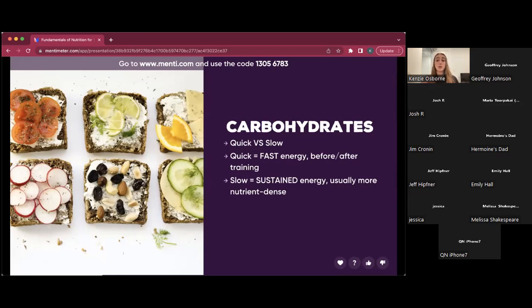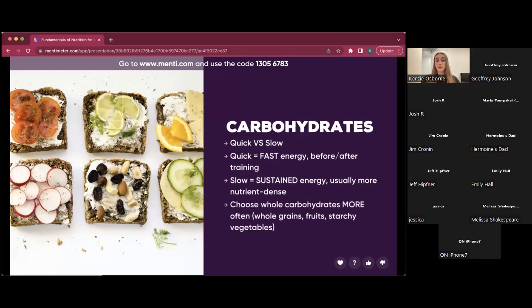Although they are more nutrient dense, they're going to be harder for our body to digest, and we're going to need to spend time and energy digesting that food. When we're going into training, we want all of our energy to be put into that training. So we don't want to expend energy digesting food, which is why those slower carbohydrates, although a very important part of our diet, should be limited within the hour before training and within the hour after training as well.